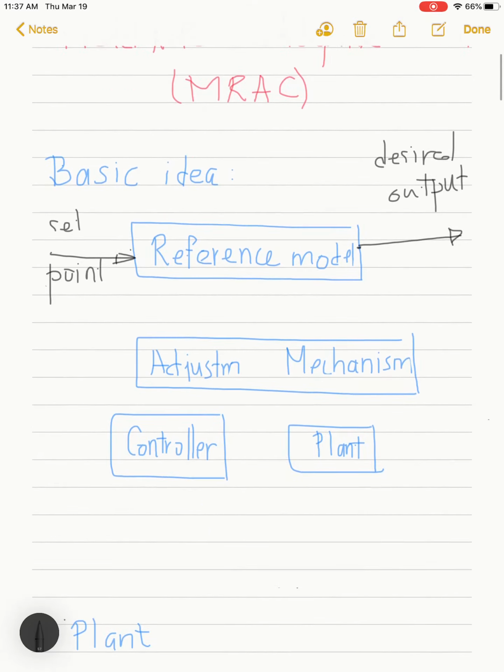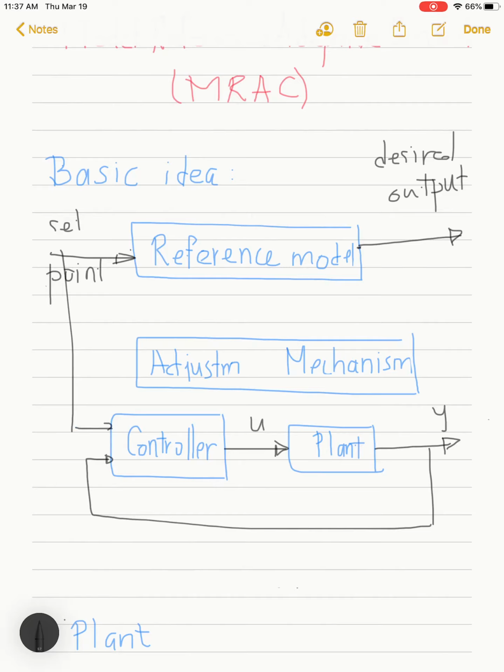Down here we have the normal control loop of a plant where the output of the controller U is an input to the plant, the output of the plant is Y, and this is taken as a negative feedback signal to the controller. Another input to the controller would be the set point.